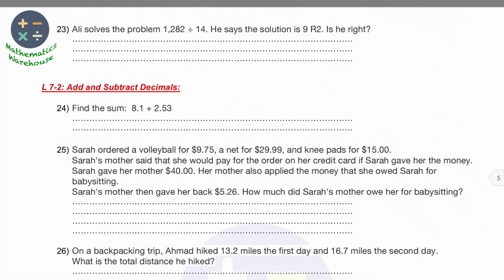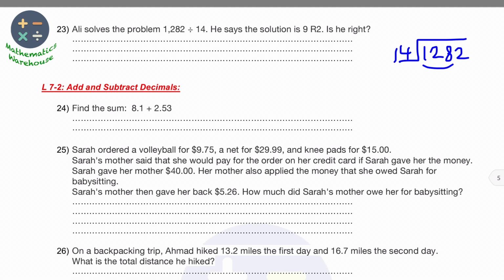Ali solves the problem 1282 divided by 14. He says the solution is 9 remainder 2. Is he right? 1282 divided by 14. 12 divided by 14 cannot be because it's smaller than 14. So take 128 divided by 14.